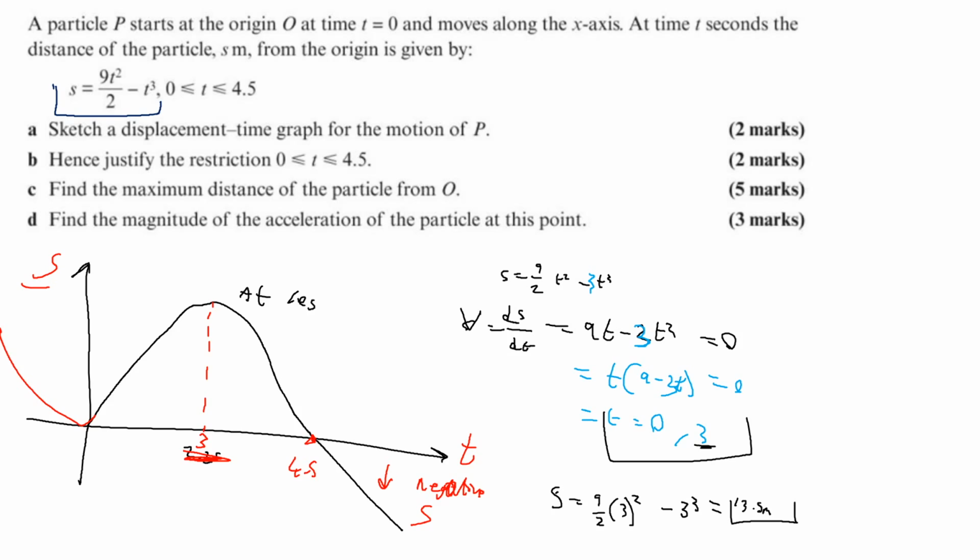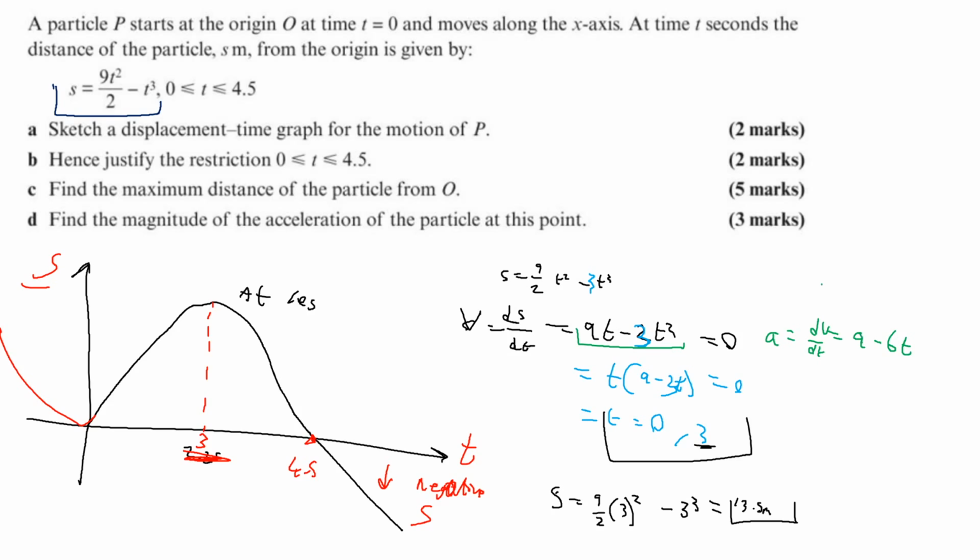What about the acceleration of the particle at this point? Well, if this is the velocity, 9t minus 3t squared, the acceleration is just going to be dv by dt, which is equal to 9 minus 6t.